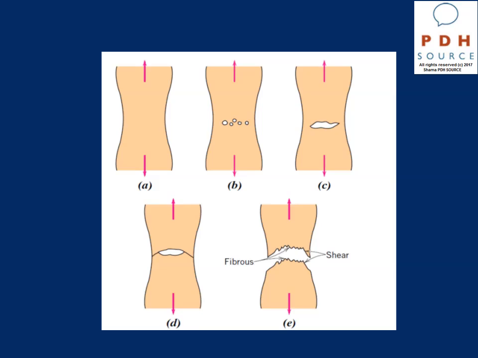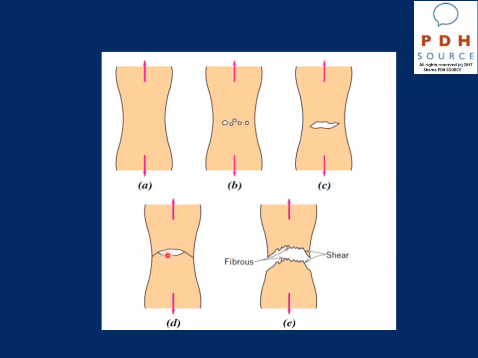If we go through the steps of failure, first, necking begins. Next, small cavities, microvoids, will form in the interior of the cross section. Upon proceeding with loading and deformation, cavities will expand and merge together to form an elliptical crack.